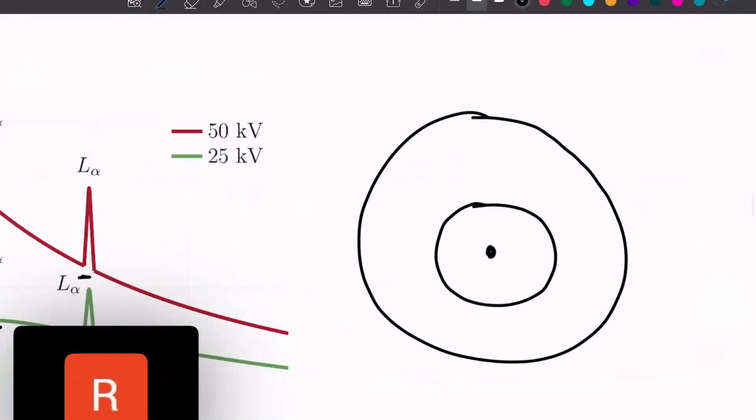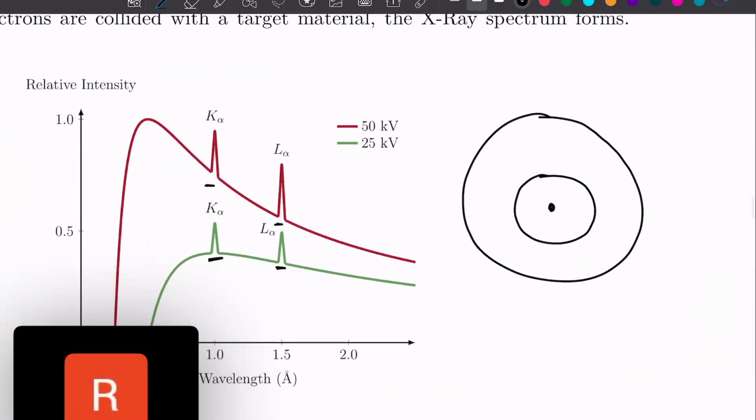So in this case, when an electron flies about, it hits an inner electron, and this inner electron completely leaves the atom. So it does not go to another shell. This electron completely leaves the atom.